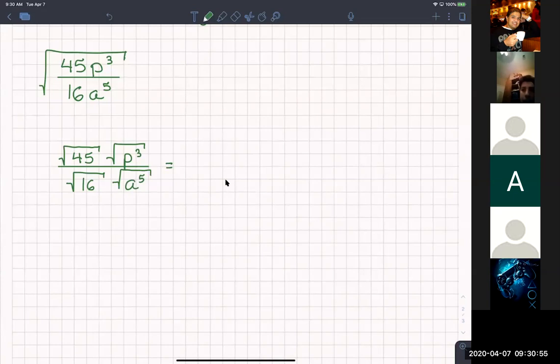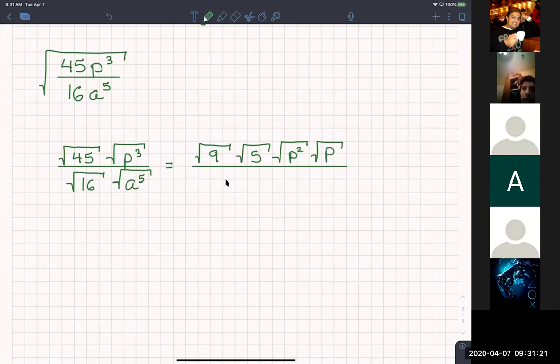Now, how do I separate 45? 9 and 5. Okay. And how do I separate p cubed? P to the second and P.